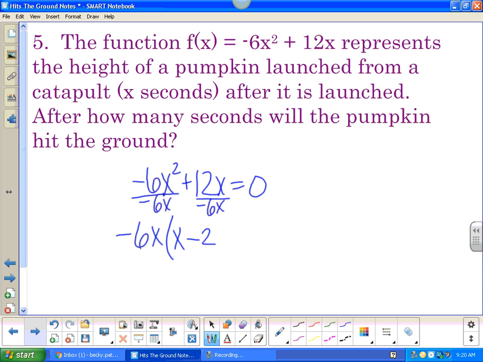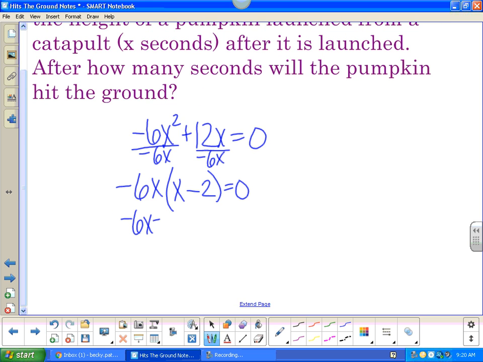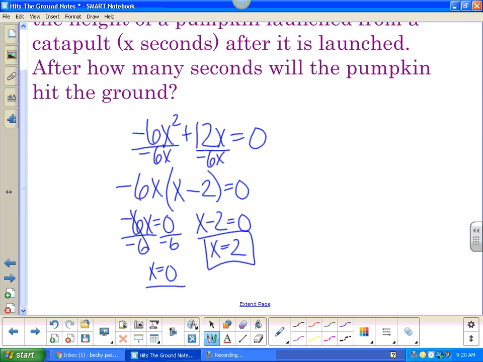X minus 2. Take both of these, set them equal to 0. Add 2. So this is when it starts. I don't want that one. I want to know when it lands. So that would be 2 seconds.